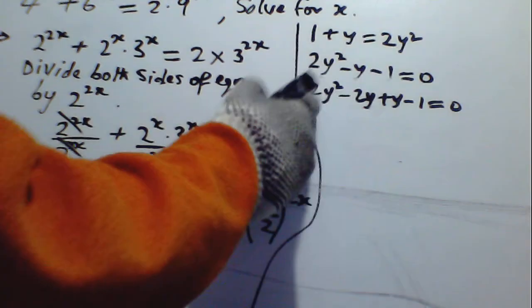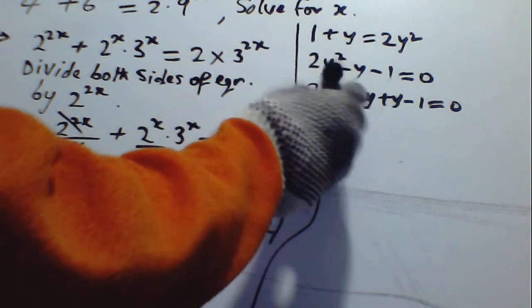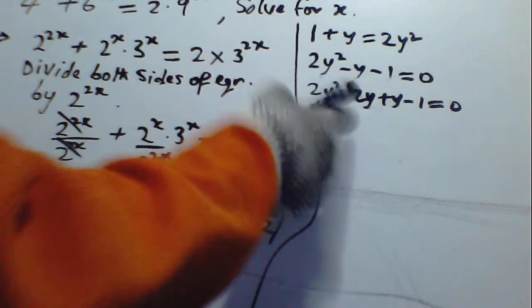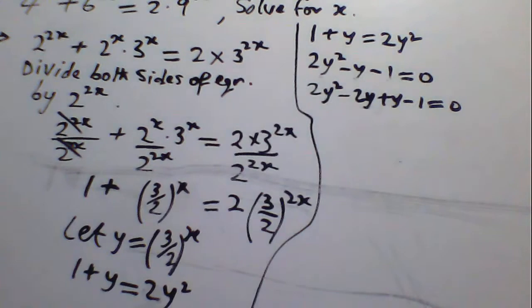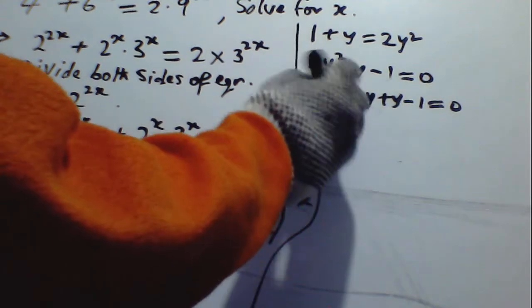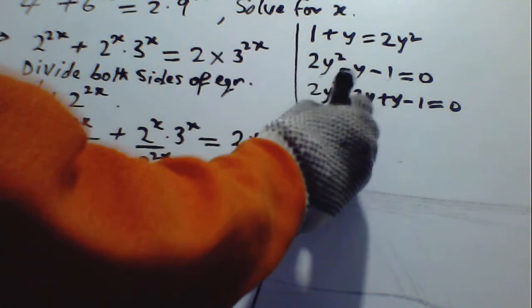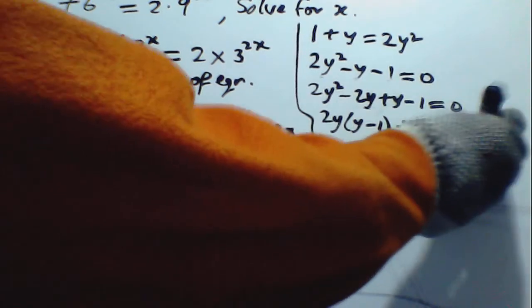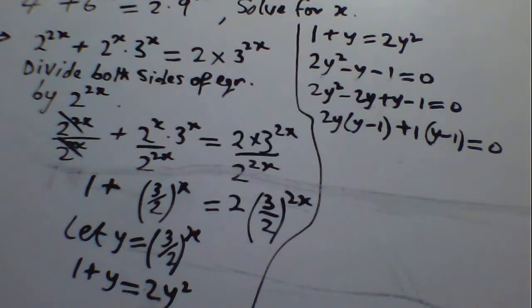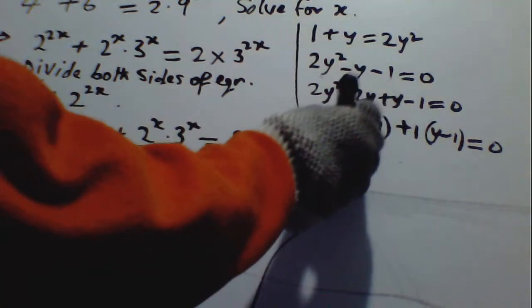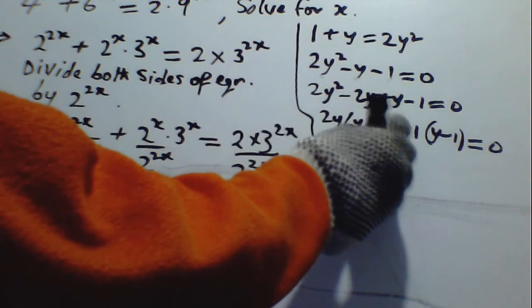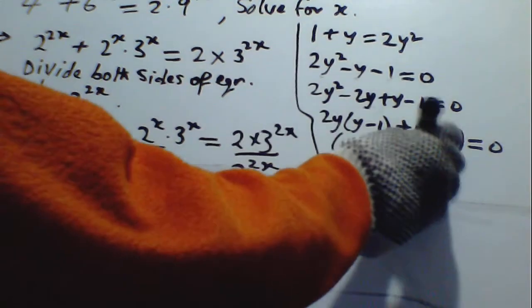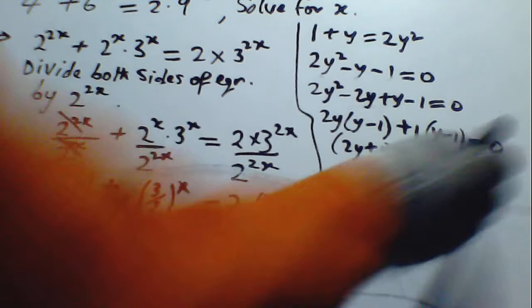So from here, bring out common factors: 2y in bracket y minus 1, plus 1 in bracket y minus 1, is equal to 0. Simplifying further, you have 2y plus 1 times y minus 1 is equal to 0.